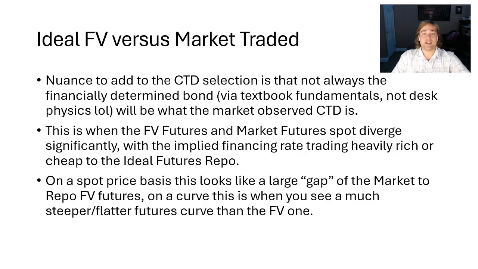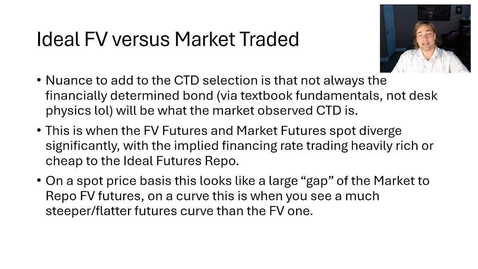If you're a futures trader, you would know the term rich versus cheap curve, where implied financing rates can diverge from their ideal. You can see situations where the market futures say one of the bonds in the basket should be cheapest to deliver. It's trading by that, but the fair value says it should be this. And as a trader, you're going to go with what the market says.